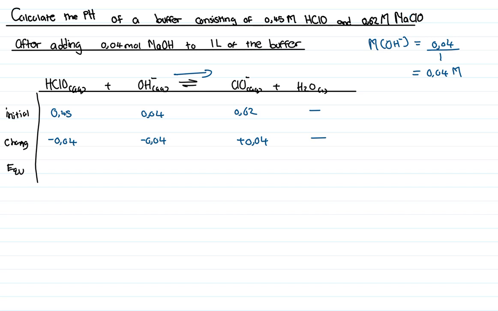And our equilibrium concentration now is going to be 0.45 minus 0.04, and that gives us 0.41.